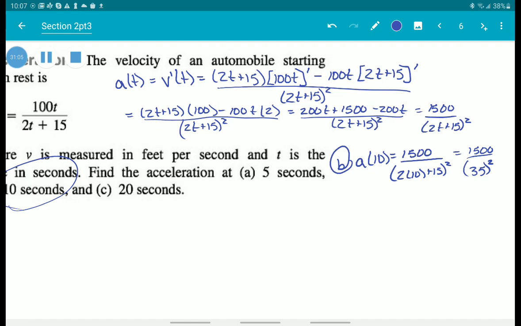So I have 1500 divided by 35 squared. I'm going to compute that off screen, and that is approximately 1.22. So there's our acceleration.